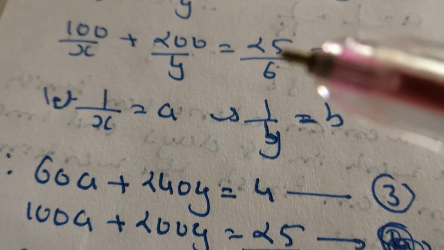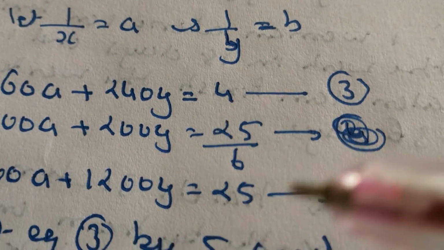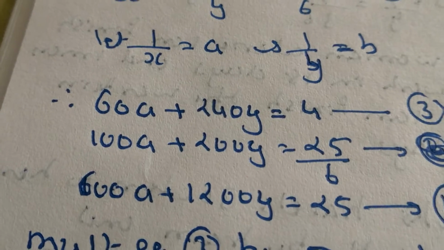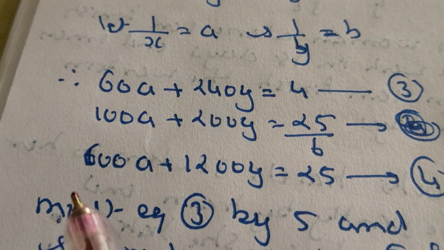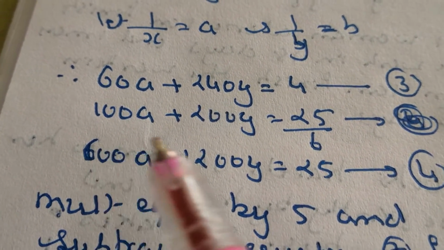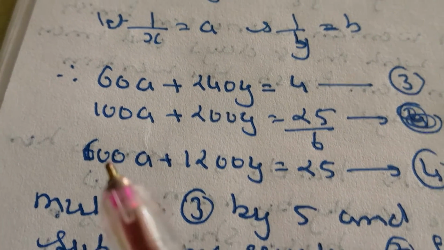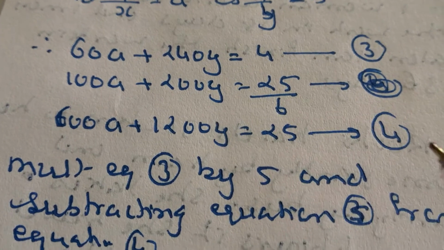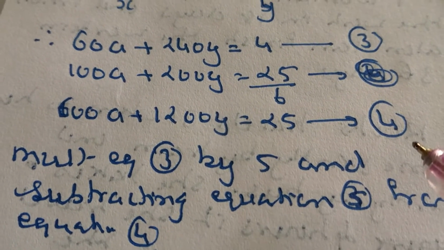Total time taken was 25 upon 6. Now I am taking this 6 in the second equation on the left hand side, so I am going to multiply 100 and 200 by 6. So it becomes 600a plus 1200b is equal to 25. That is my equation number 4.